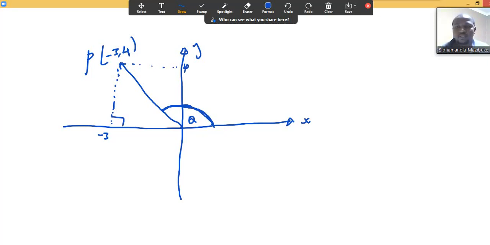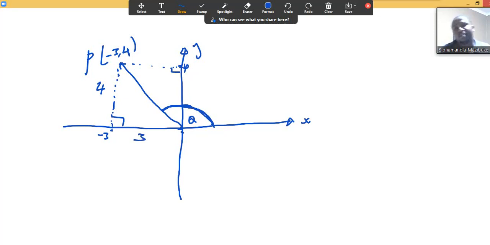We can say this is 90 degrees, and you can look at it and say you're looking at this angle. But let's try to work with this one here. If you're looking at this side here, because it's on the y-axis, from here to here it's 4 units, and from here to here it's 3 units.